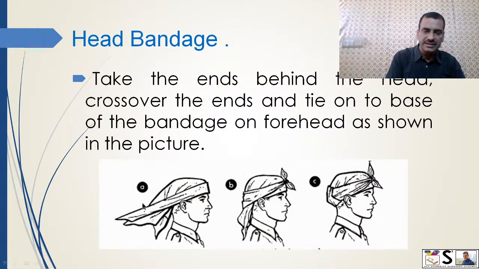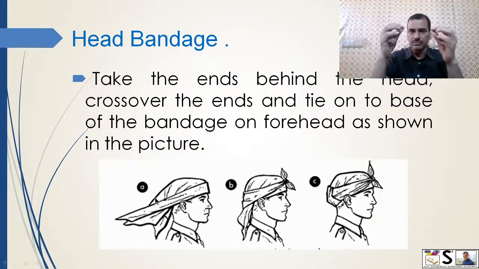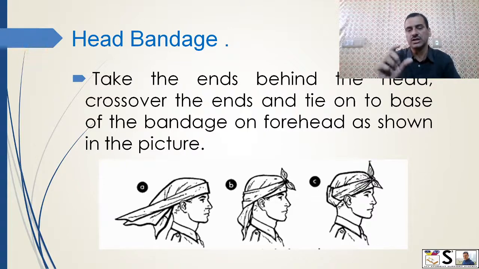Then they cross over and come to the front again, and on the forehead, just above the base, we tie the knot. Then this is the point. We fold the point here and apply plaster. So this is how we apply head bandage.